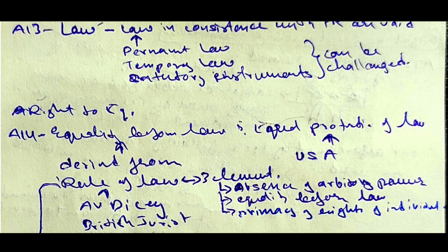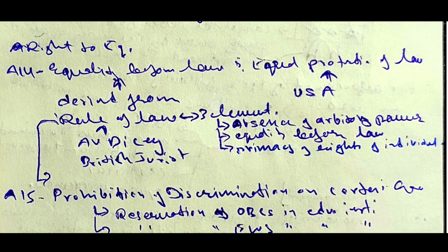So these were the 7 fundamental rights. But the right to property was deleted from the Constitution by the 44th Amendment Act of 1978, right? And it was made a legal right or constitutional right, included in Article 300A of Part 12.